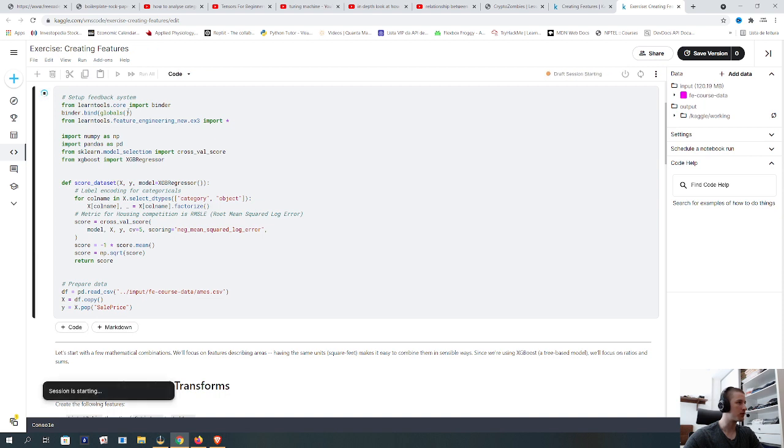So first loading up the libraries. I'm just gonna use XGB regressor in this one. Separating the categories with mean squared log error. Creates the cross validation score.